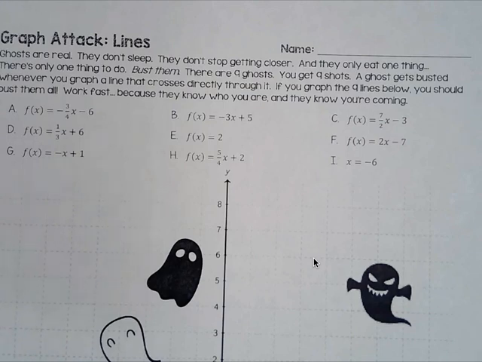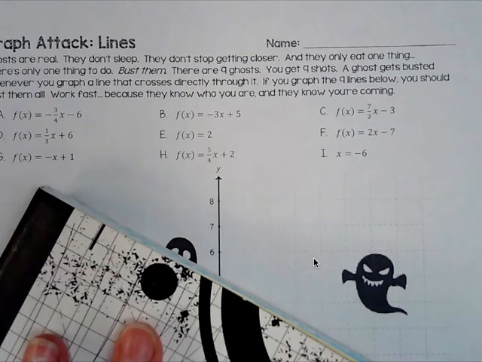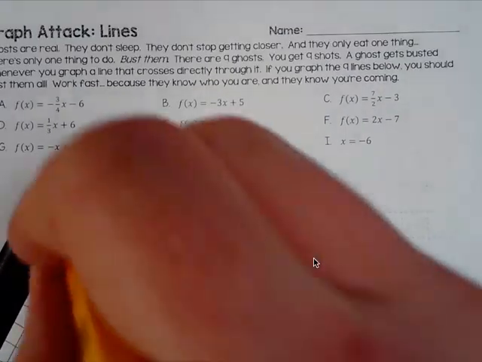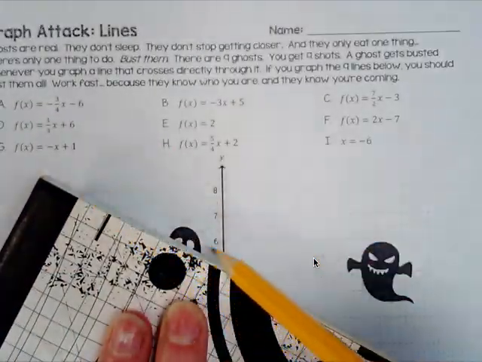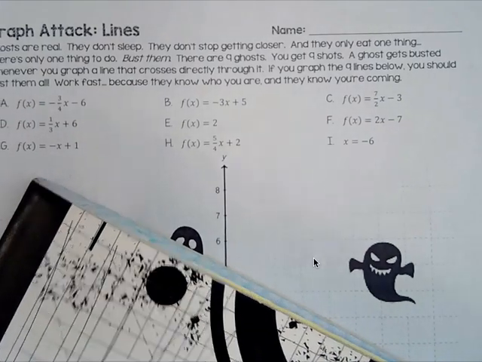If you don't have a ruler, that's okay because you can use a folder. You can use the edge of your journal. You can use a little slip of paper. Just be careful and make sure it's actually straight. You can use this to make a line. Just put it right up next to it. Okay? Quiet down.